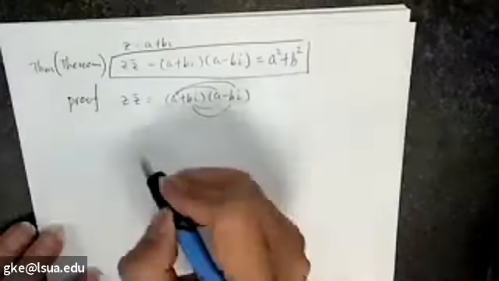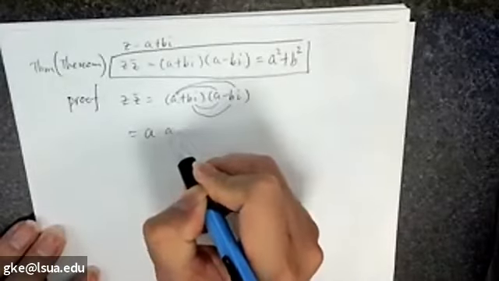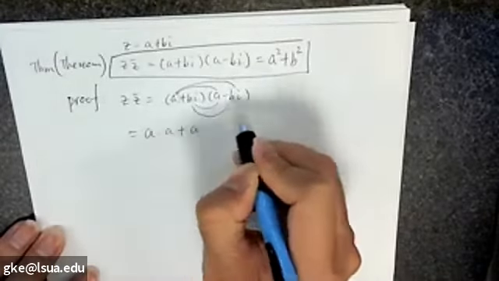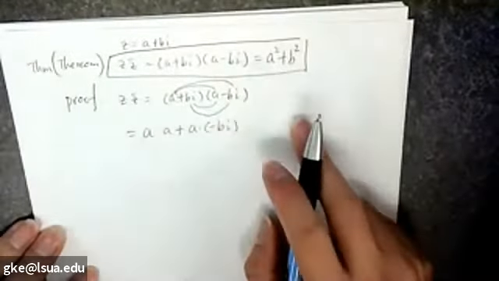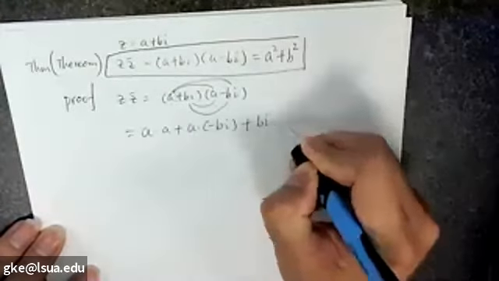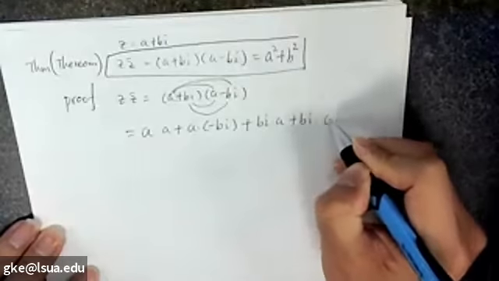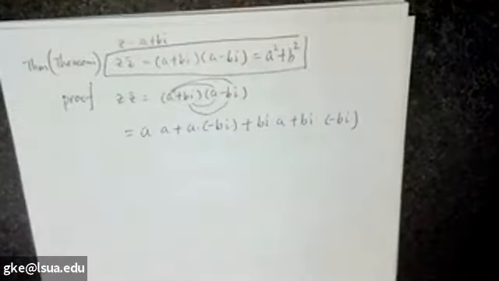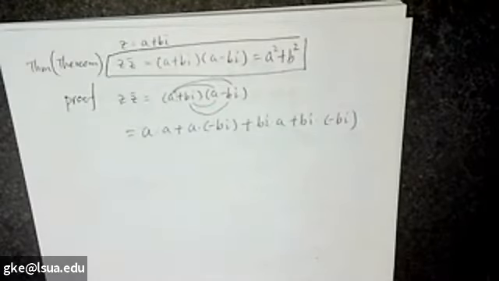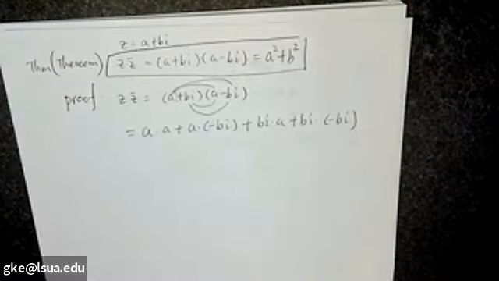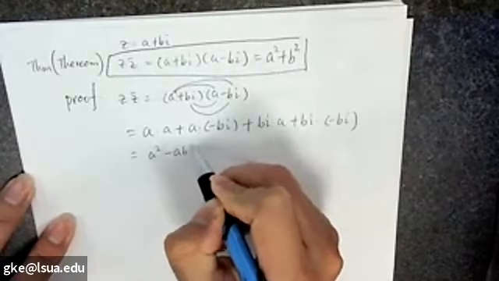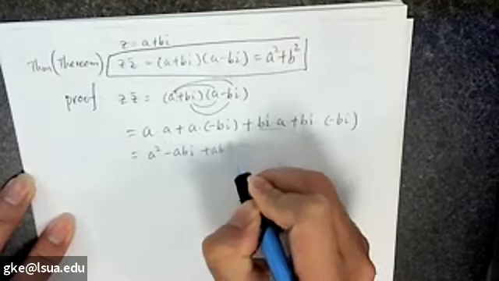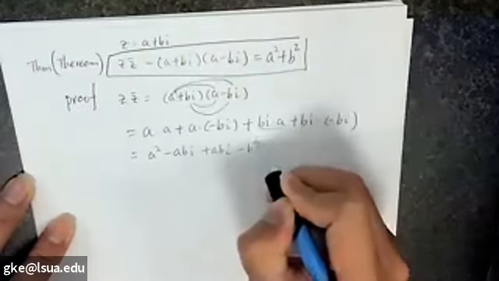So a times a plus a times negative bi. First term times first term, first term times second term, and the second term times a, second term times second term. When you have a negative term, always use parentheses. Make sure everything is right. Now you can simplify it. a times a is a squared, negative abi, plus abi.